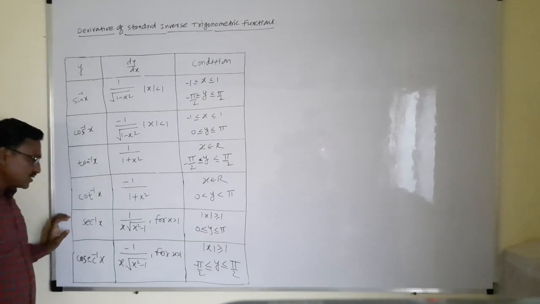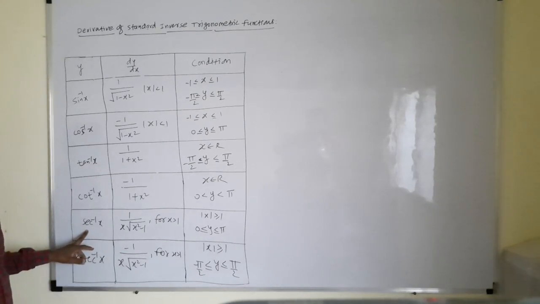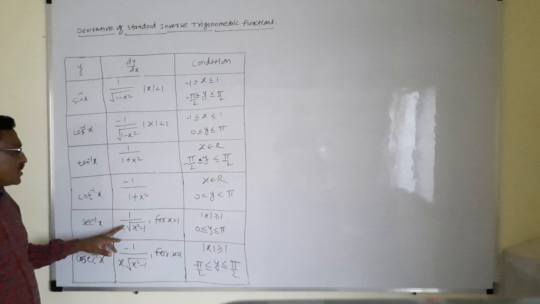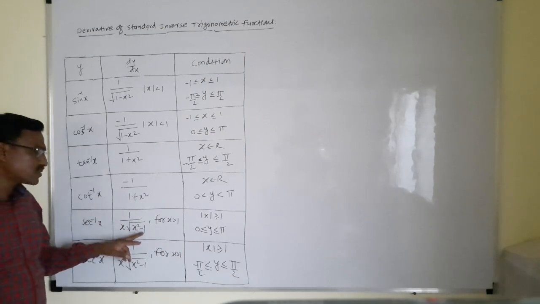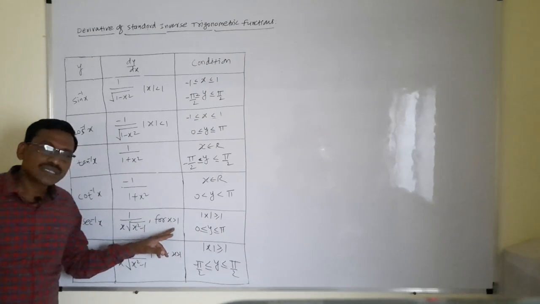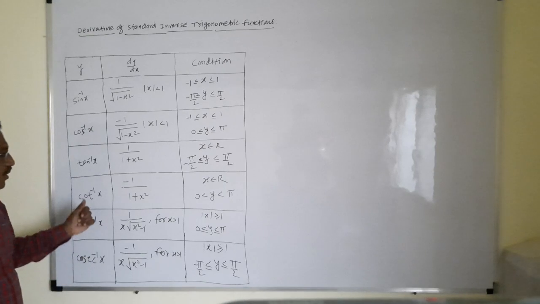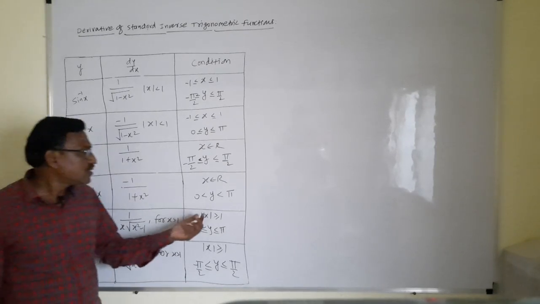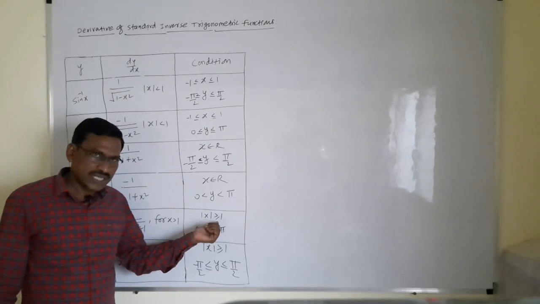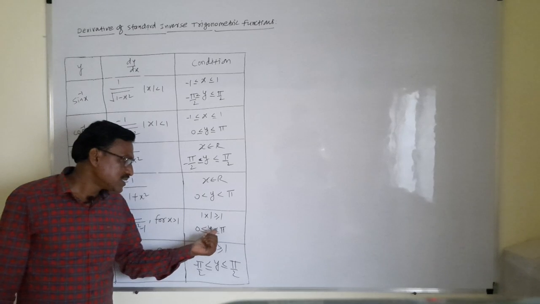Now the next inverse function, sec inverse: its derivative is 1 upon x into root of x square minus 1, positive for x greater than 1, with condition modulus of x greater than or equal to 1 and y between 0 and pi.